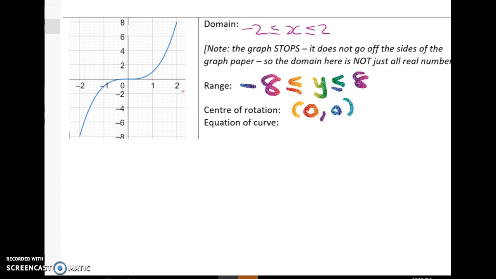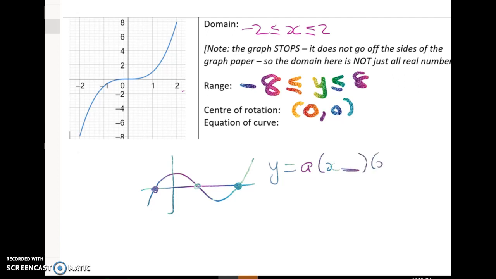So let's look at what we've got. How do I know what pattern it is? Well, cubics come in several forms. If I've got one like this, that's got 3 x-intercepts, it's going to be in this form: y is equal to a times (x minus something) times (x plus or minus something), and so on.